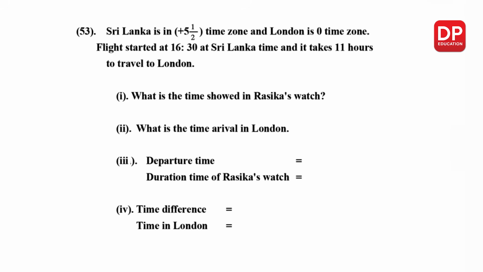Look at this one. Sri Lanka is in the plus 5.5 time zone and London is the 0 time zone. The flight started at 16:30 at Sri Lanka time and it takes 11 hours to travel to London. So the question asks, what's the time shown on Rasika's watch? What is the arrival time in London?